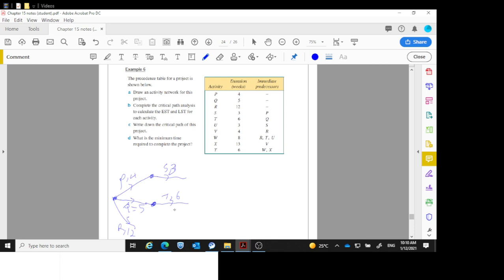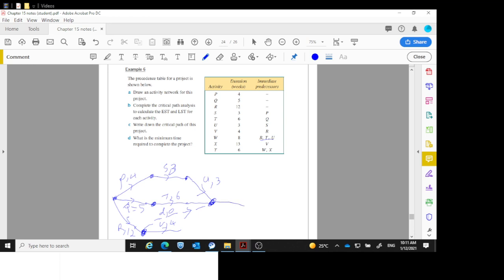After S, we need U, which is 3. After R, I need V, which is 4, but I also need R, T and U to finish, and nothing else needs U or T or R, so there's U and T finishing. So now I'm going to have this dummy activity finishing to show that R is finishing. Dummy with a 0, little d is fine.